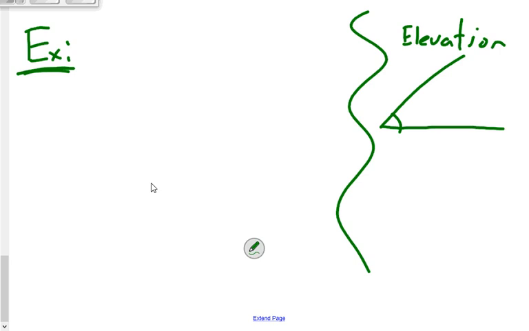Okay. So anyone want to take a guess at what angle of depression is? Looking down. So usually you'll be at the top of a building looking down, or in an airplane looking down. Well, are we on a cliff? Okay.